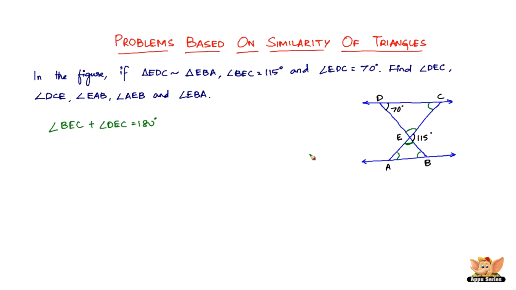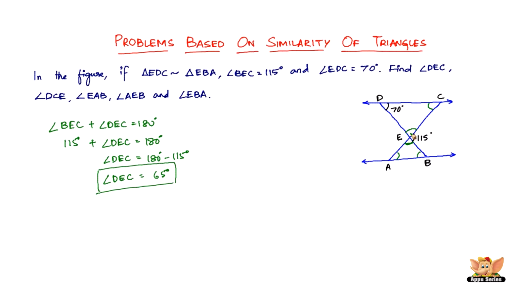Angle BEC is 115 degrees and we need to find angle DEC. So angle DEC equals 180 degrees minus 115 degrees, which is 65 degrees.